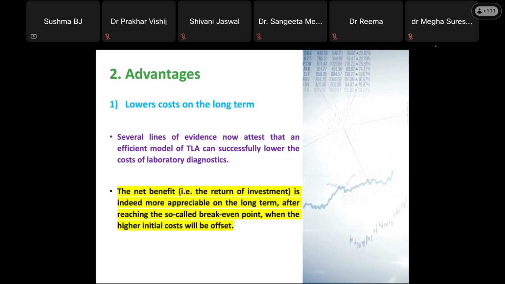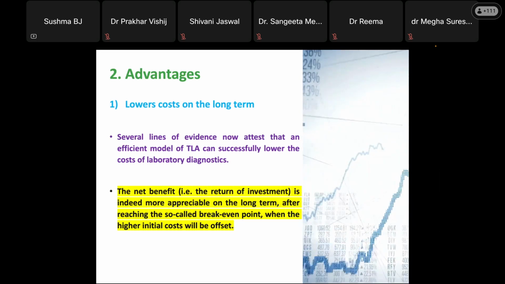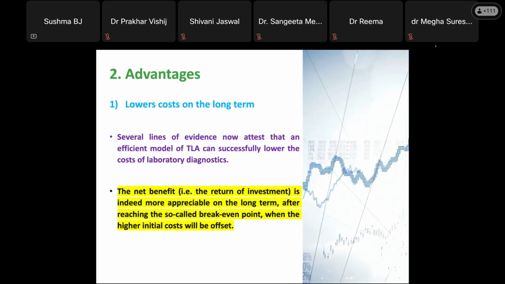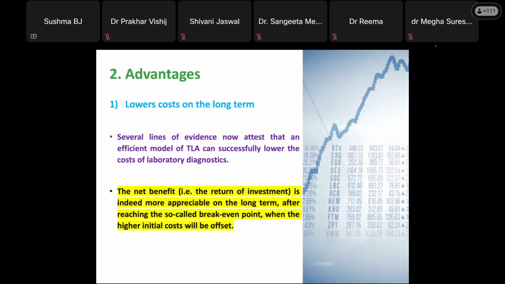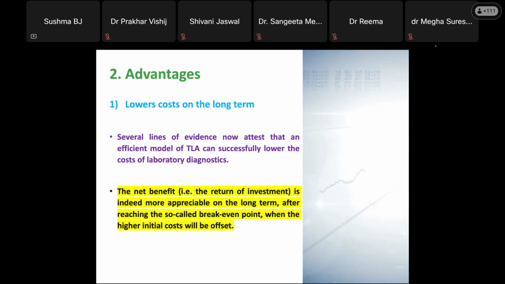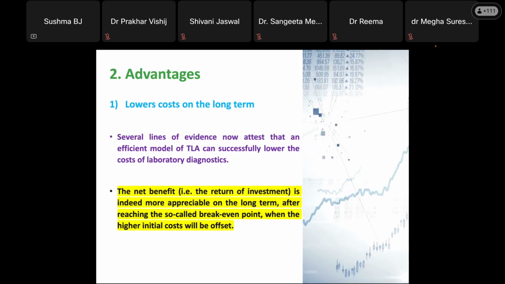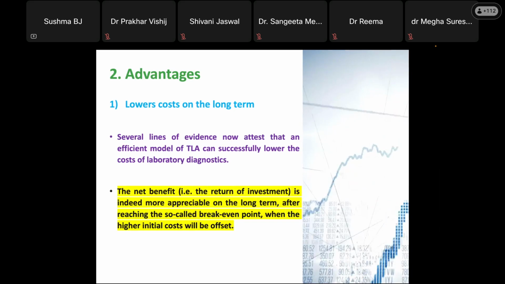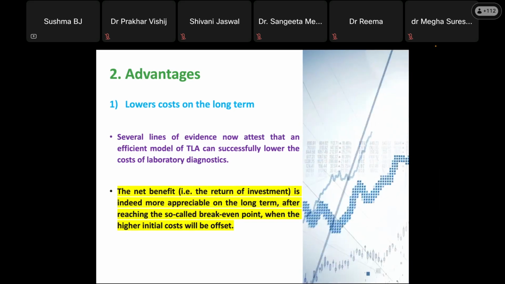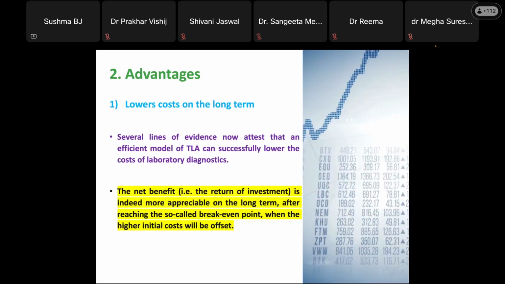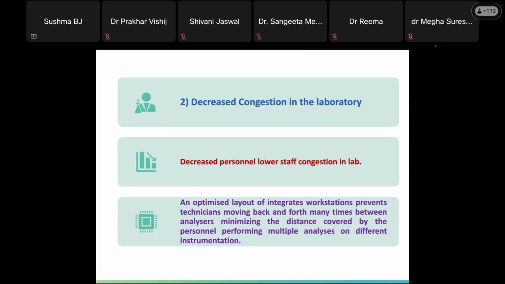The net benefit, the return on the investment, is indeed more appreciable in the long term after reaching something called the break-even point, when the higher initial cost will be offset. So that's the very first advantage of having total laboratory automation, because when we look at the laboratory, it is money, manpower, and material that really matter, apart from other things, along with quality reports and the right reports to the right person at the right time.